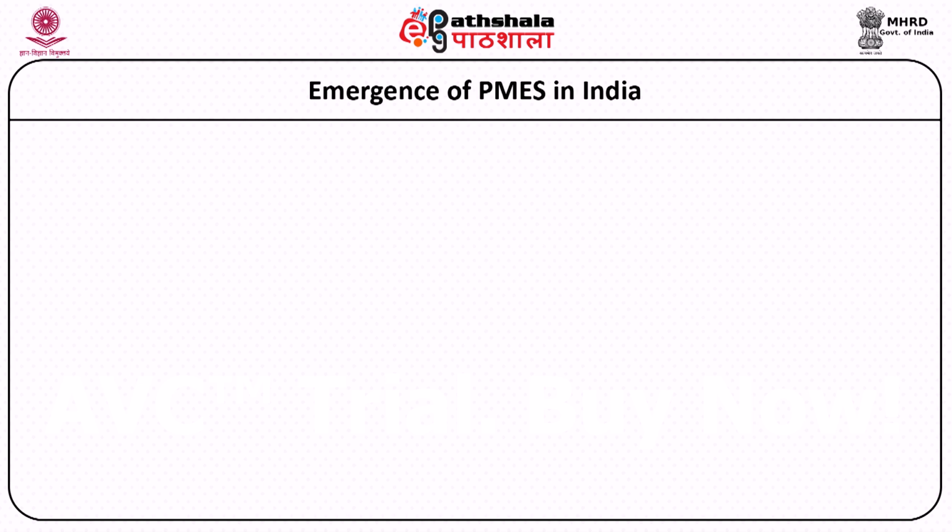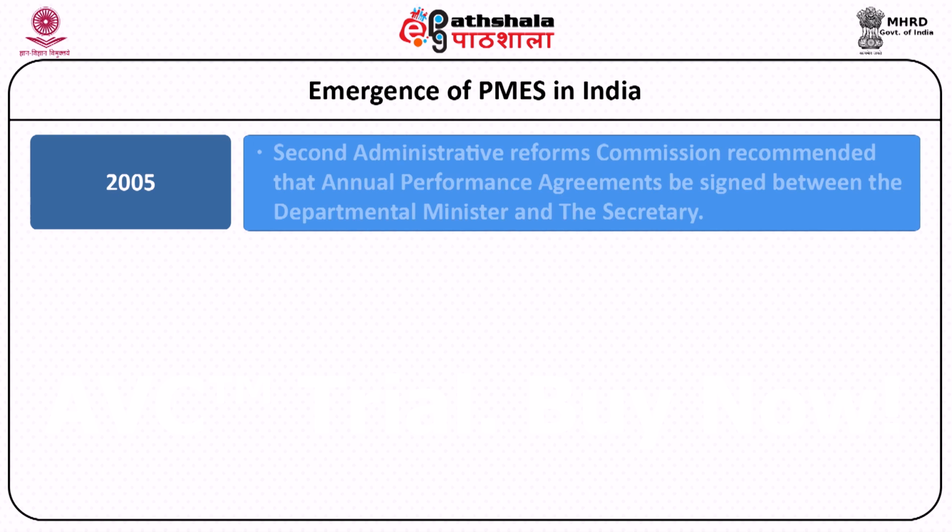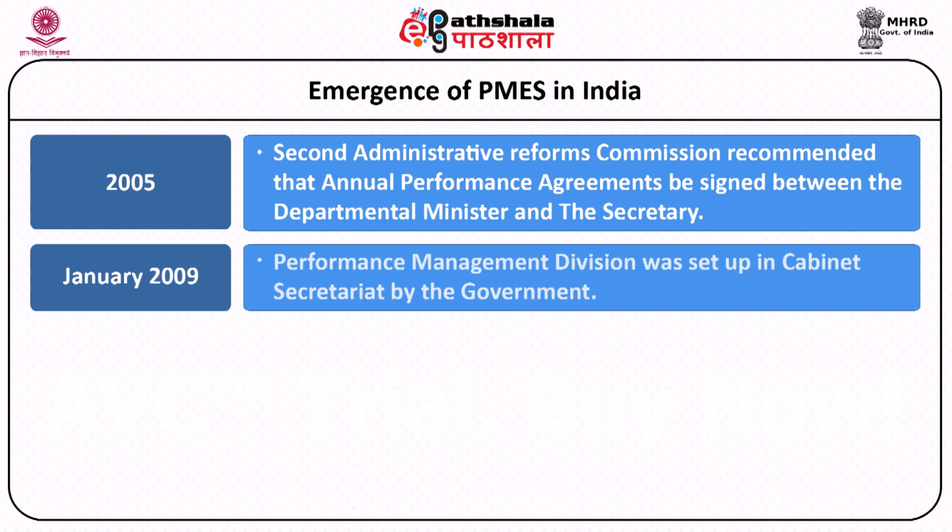Emergence of performance monitoring and evaluation system in India. Following is the sequence of the emergence of PMES in India. In the year 2005, the Second Administrative Reforms Commission recommended the annual performance agreement be signed between departmental minister and the secretary. In January 2009, the Performance Management Division was set up in the Cabinet Secretariat of the government.